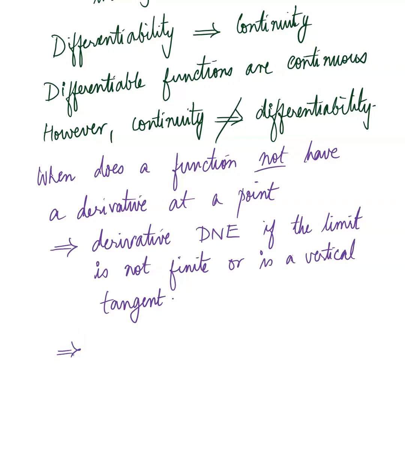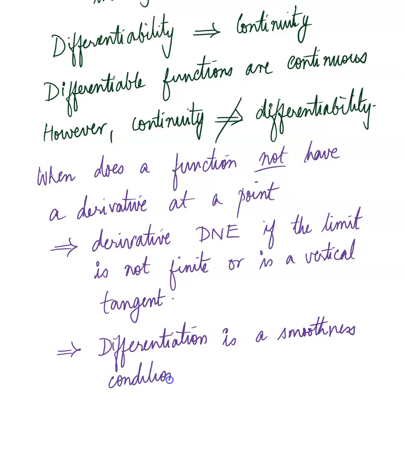Likewise, remember that differentiation is a smoothness condition. When I say smoothness condition, that is what it implies when we say the derivative approaches the same point from the left and from the right. So that limit would work only if the differentiation is a smoothness condition on f.